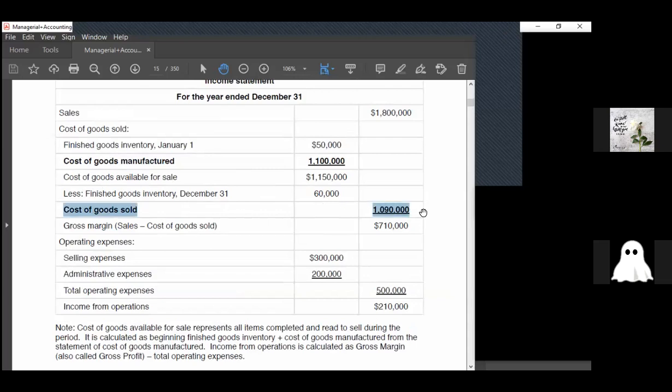How we arrive at that amount is also the same process. You have finished inventory at the start of the year. Then you add the cost of goods manufactured to it. And then you minus the finished goods inventory that was left on 31st of December. So same process that we use for raw material, it is used here.